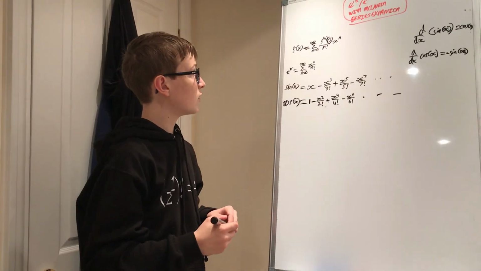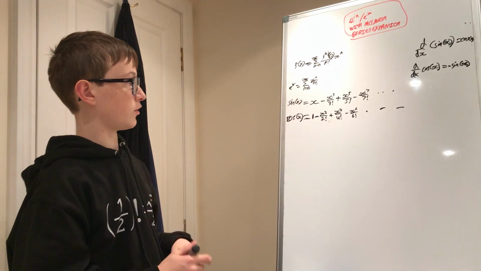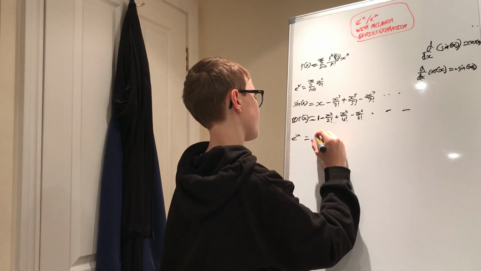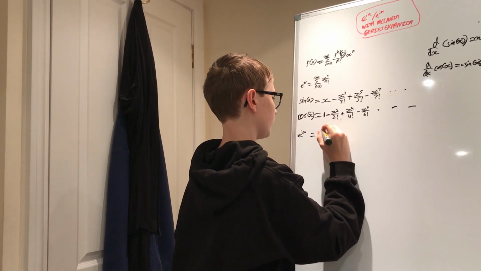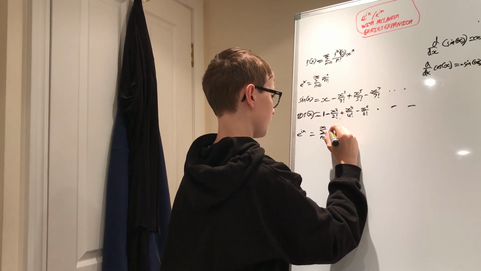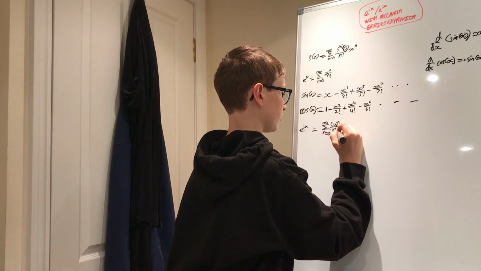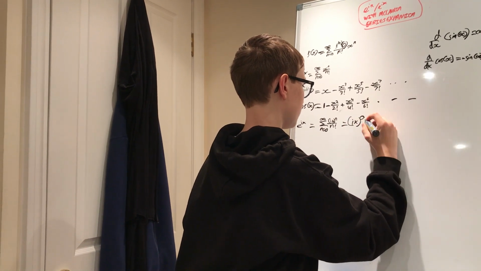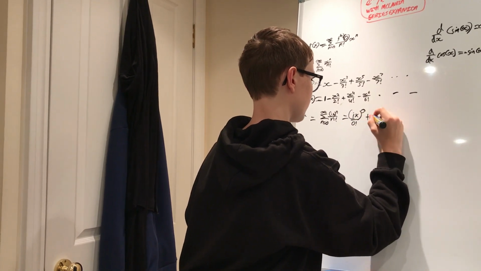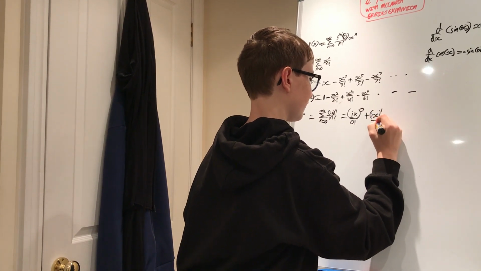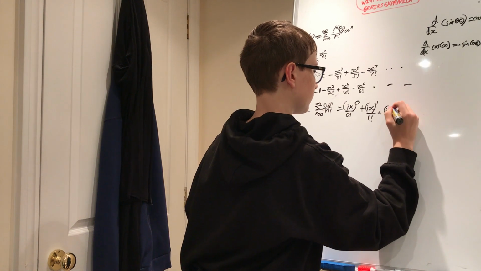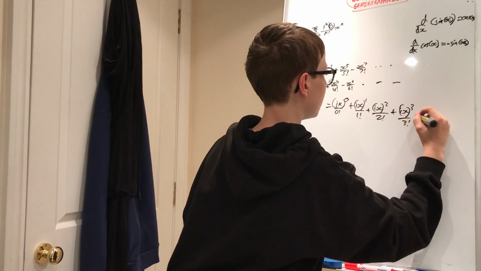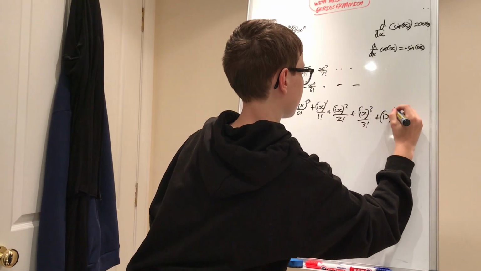Okay, so now if we plug in ix into our x here, we get e to the ix equals the sum from 0 to infinity of ix to the power of n over n factorial, or ix to the power of 0 over 0 factorial plus ix to the power of 1 over 1 factorial plus ix squared over 2 factorial plus ix cubed over 3 factorial plus ix to the 4th over 4 factorial.